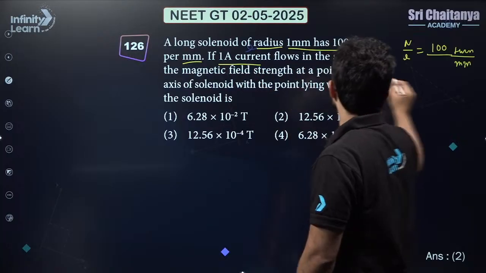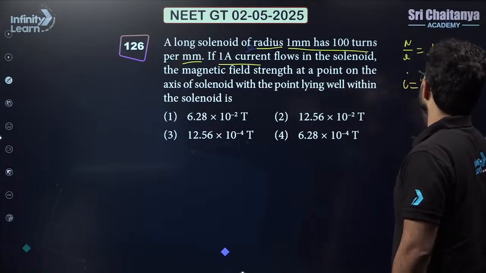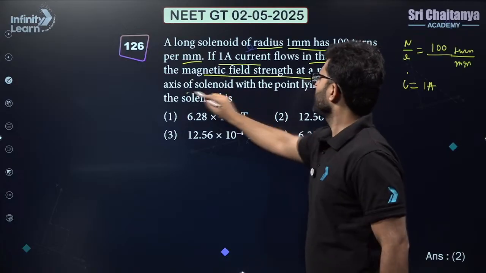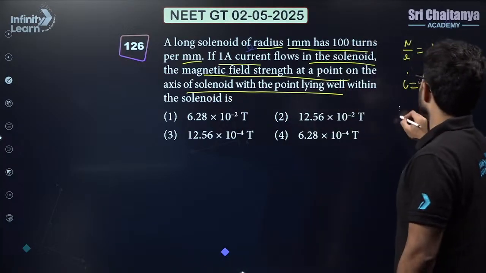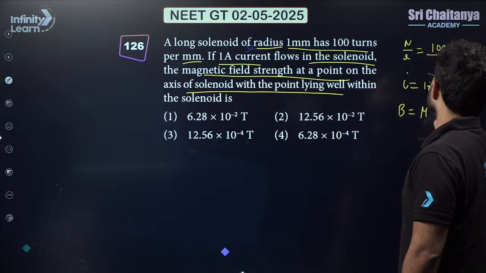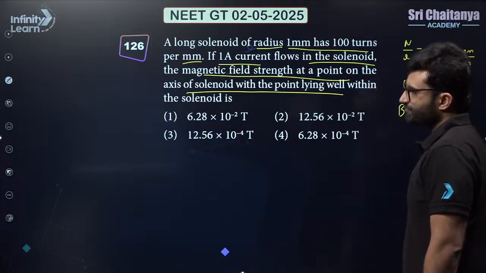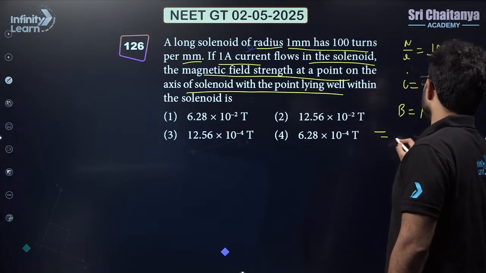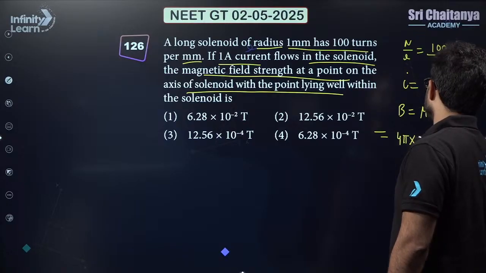If 1 ampere of current flows in the solenoid, the magnetic field strength at a point on the axis of the solenoid is? So what is the magnetic field inside the solenoid? It is given by mu naught N i. What is mu naught? 4 pi into 10 to the power minus 7.